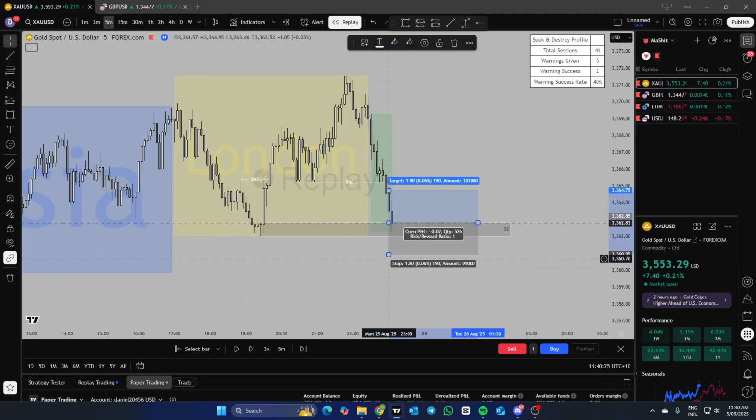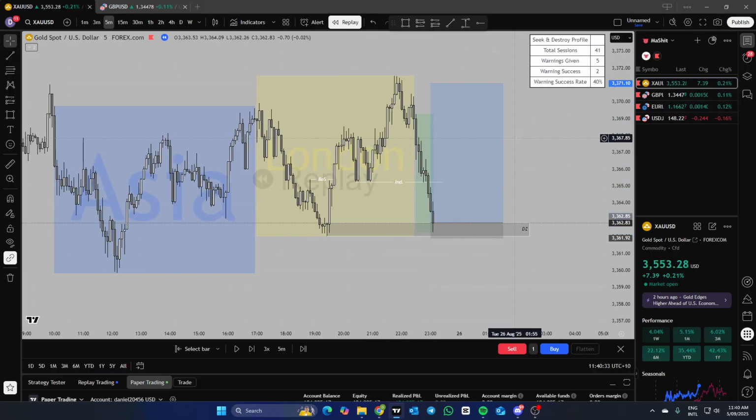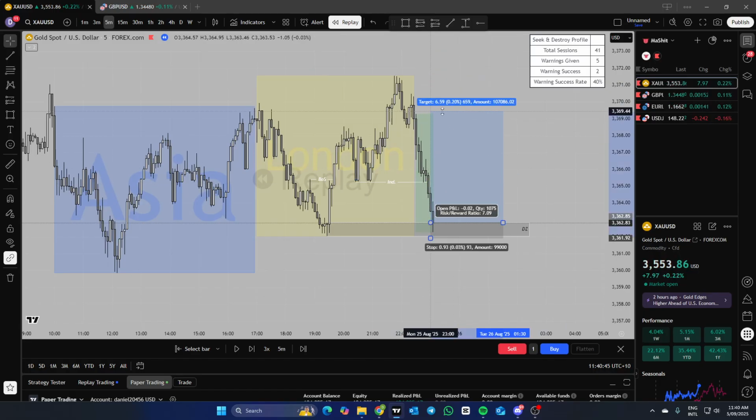Regardless, tapped us in. Usually, before I take a zone, I do sort of like to have, how do I say it, a slower move down rather than a huge leg going to tap us in. I did actually take this trade, which is really nice. I think I may have not taken it all the way up.